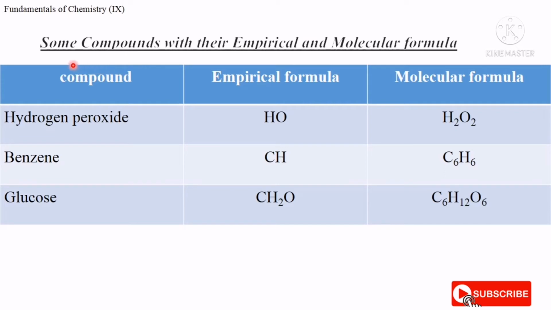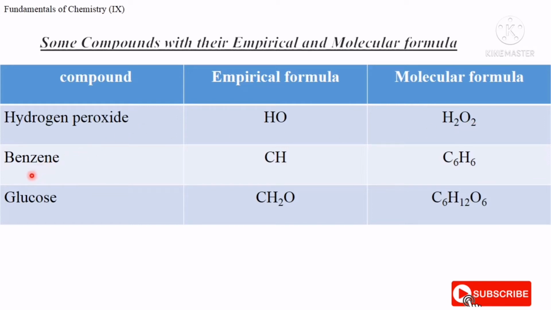Here we have some compounds with their empirical and molecular formulas. The compound is hydrogen peroxide, and the empirical formula shows the simplest ratio between hydrogen and oxygen, that is 1:1, whereas in the molecular formula H2O2 means 2 atoms of hydrogen and 2 atoms of oxygen.